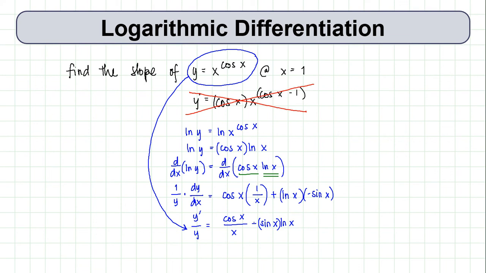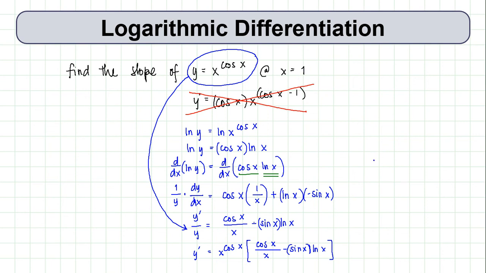Therefore, we can say that y prime is equal to x to the cosine of x multiplied by cosine of x over x minus sine of x times ln of x. Right? So, yan.